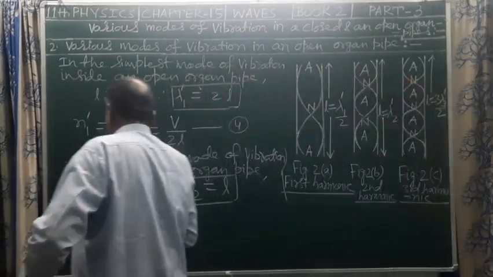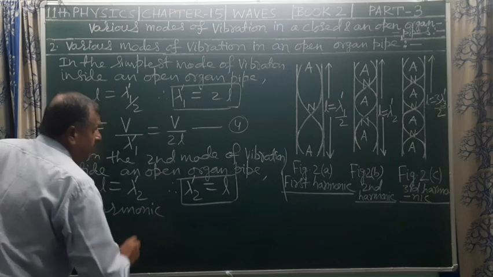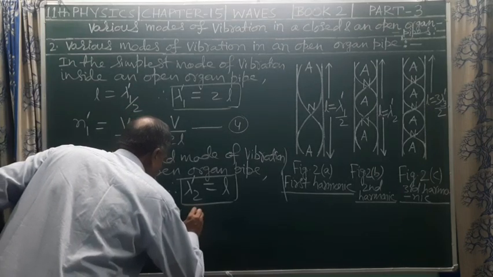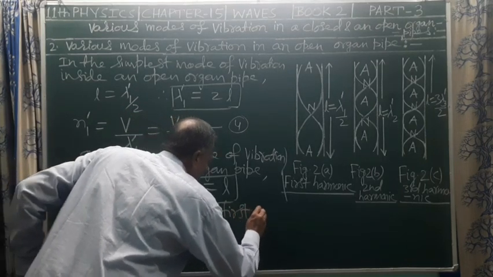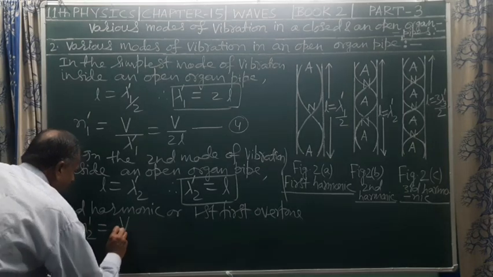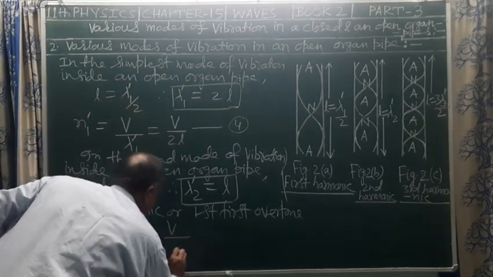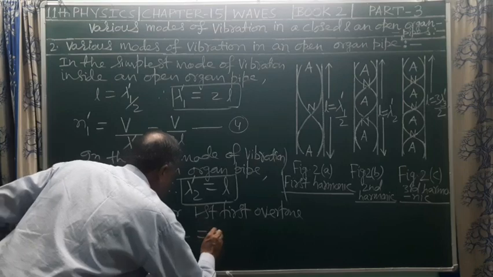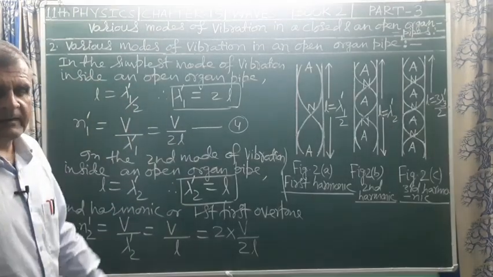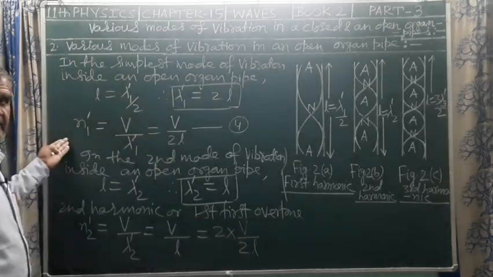It is N2' equals V by λ2', equals V upon L, and we can write it as 2 multiplied by V upon 2L, multiplying numerator and denominator by 2, so that in place of V by 2L we can write N1'.